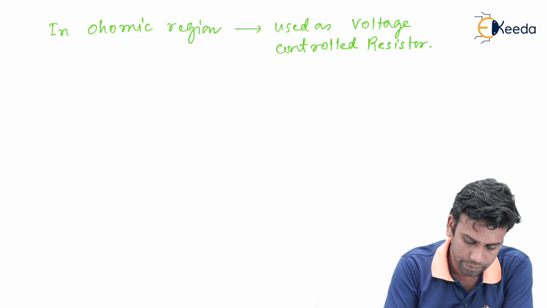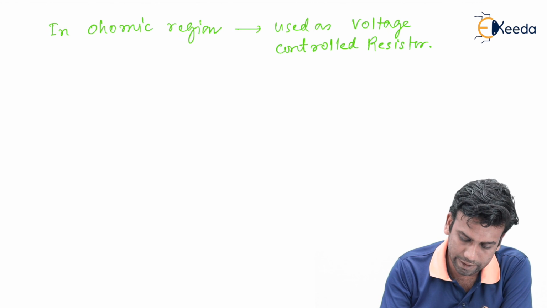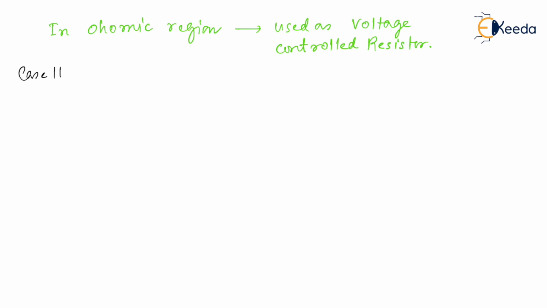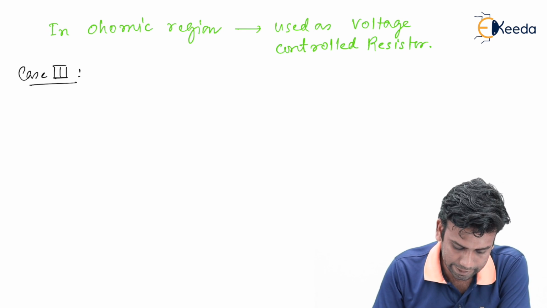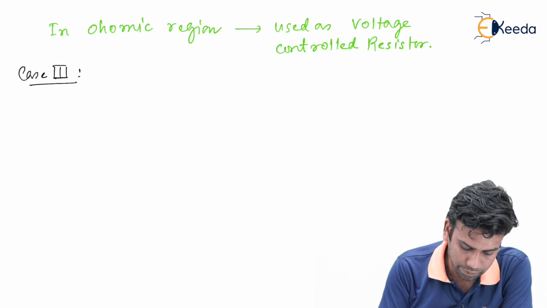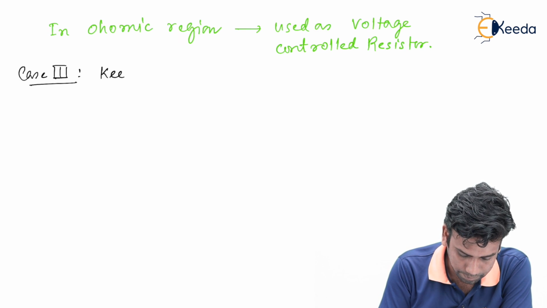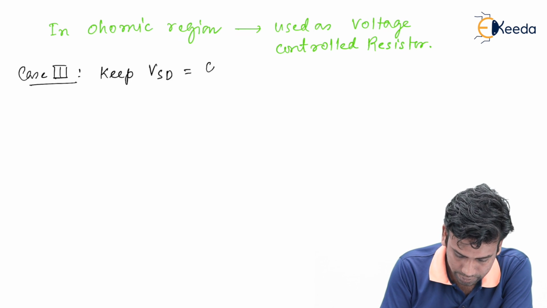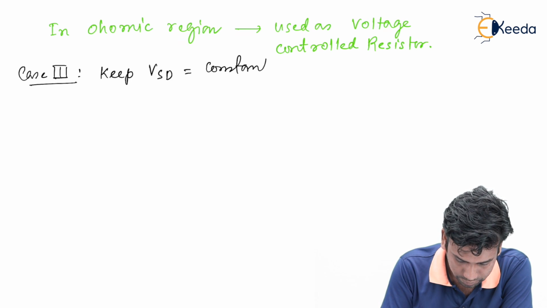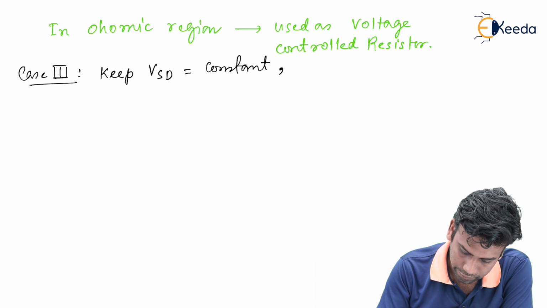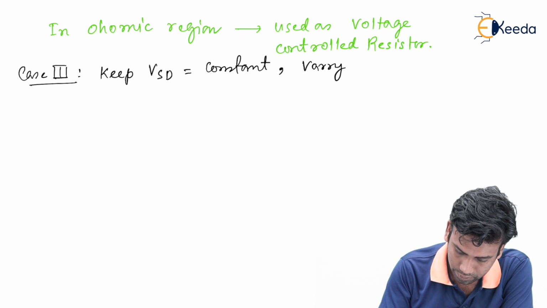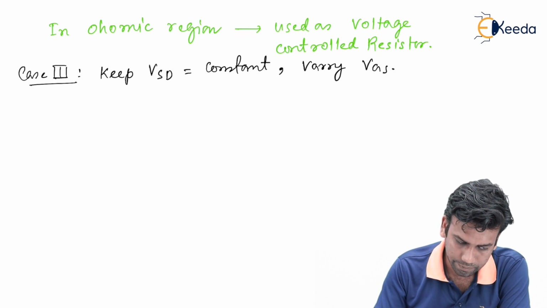Now let's go to case 3. In case 3, we will keep VSD constant and vary VGS.